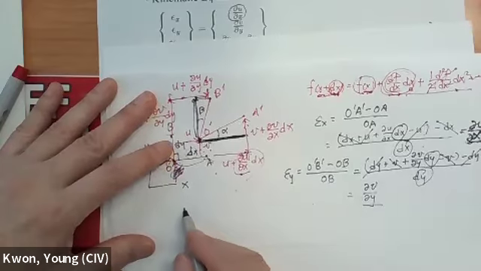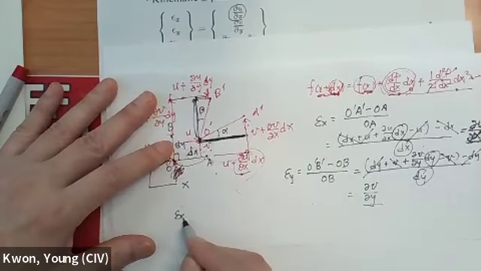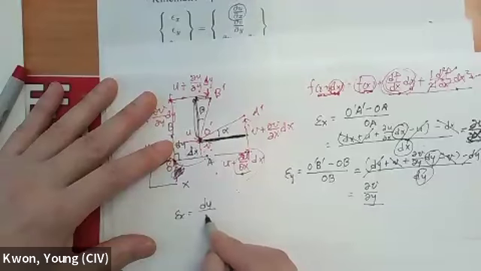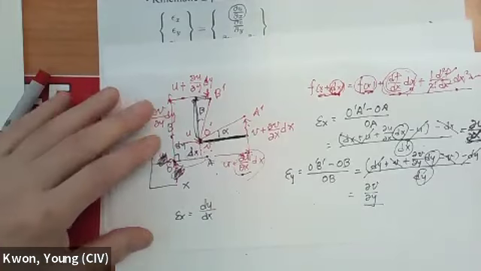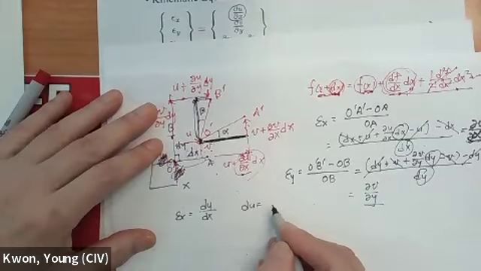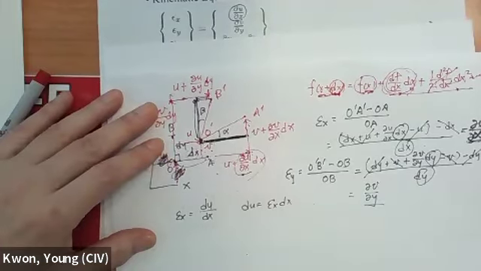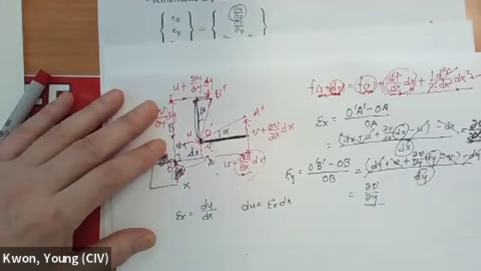This one, let me show you this one. Epsilon x is in 1D, so let's look at 1D, du/dx, okay? In 1D we only have an x component. Then du is going to be epsilon x dx, right?